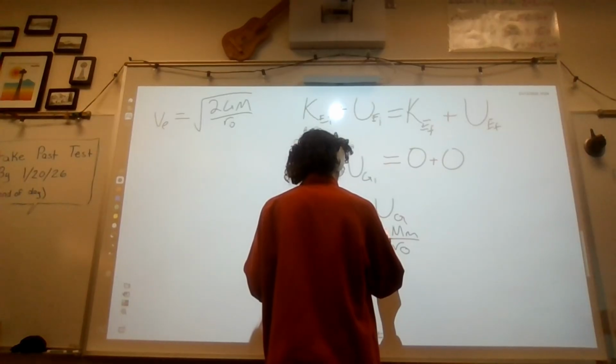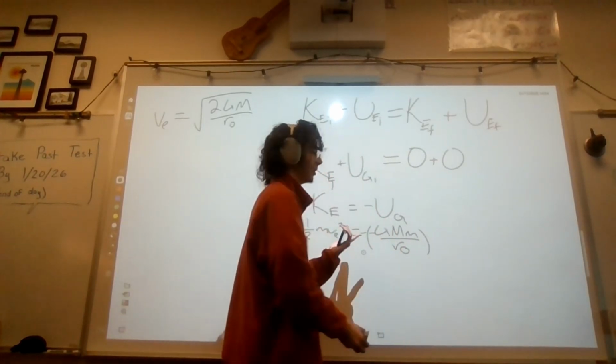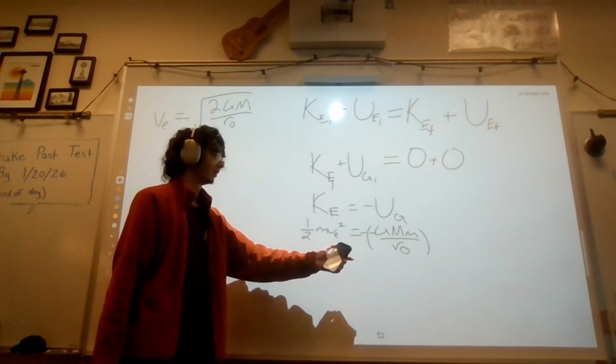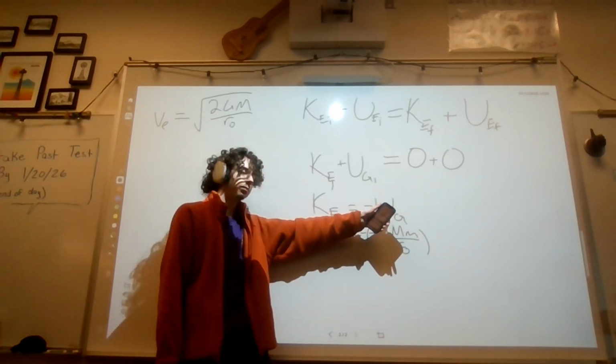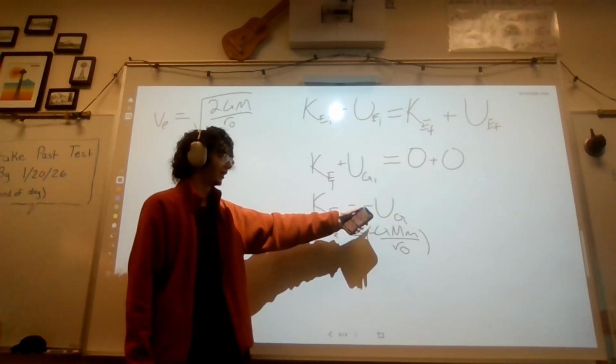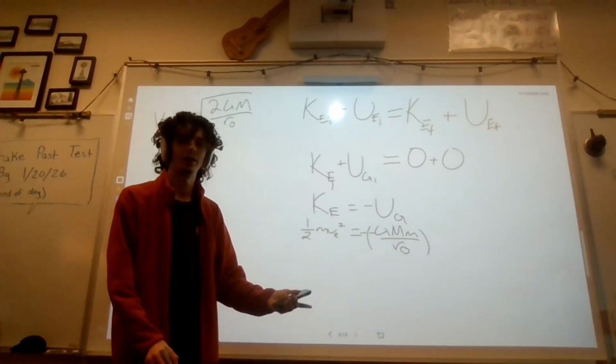Okay. So this is also negative. That's why I simplified it, but I figured I'd show you that the potential energy of gravity is negative, and then it's negative times that, so it's just a positive. But in case you didn't know.